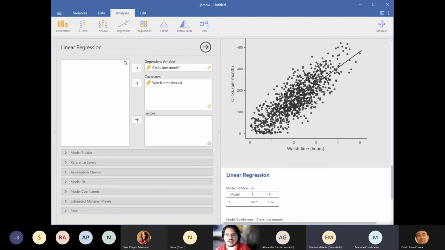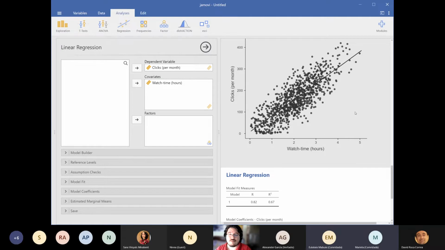For 3 hours, there are very many observations that are not 200 clicks per month or a bit more. So if the data that you observed was exactly on that regression line, you would be explaining every observation that you have with your regression line. But because you have a cloud of points, you don't have a straight line of points, you are not explaining everything.